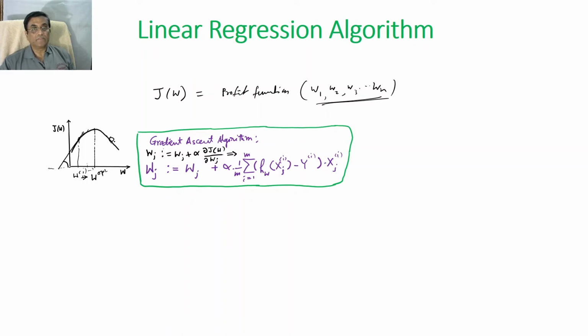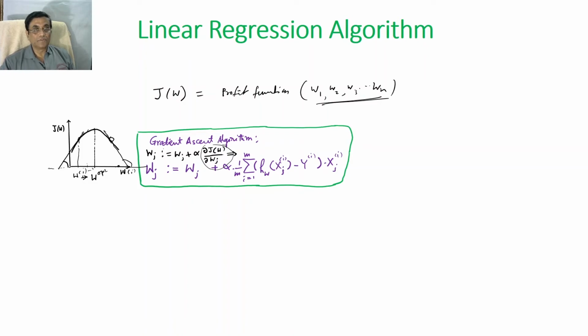On the contrary, if you select W randomly in this zone, your gradient will be negative, right? This is negative definite, and this is your W initial. Due to this negative value, the next W will be the earlier W minus some value, so it will be here.